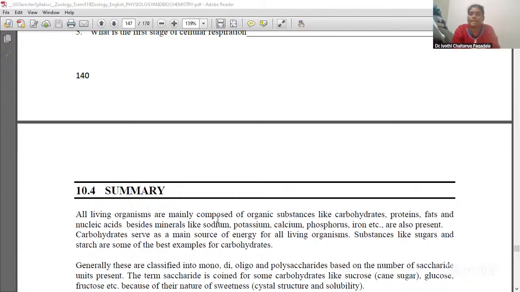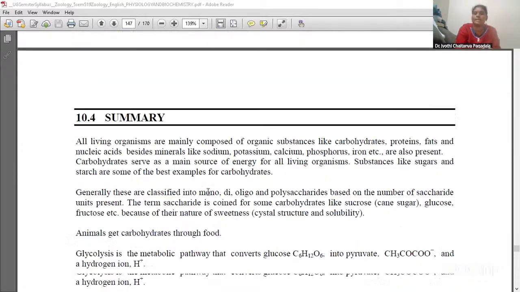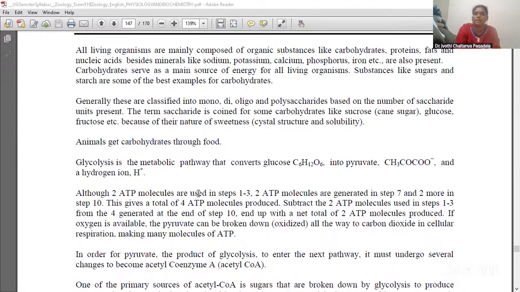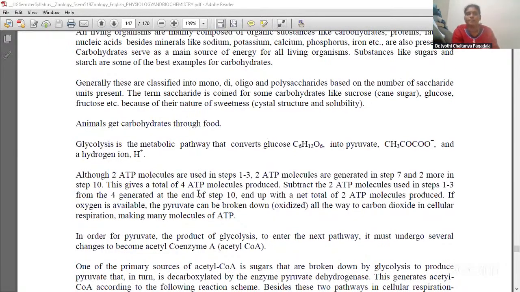The term saccharide is coined for some carbohydrates like sucrose, which is derived from the cane sugar, and glucose, fructose, because of their nature of sweetness, having a crystalline structure, and being soluble in water. Definitely, as everyone knows, animals get the carbohydrates through their food.